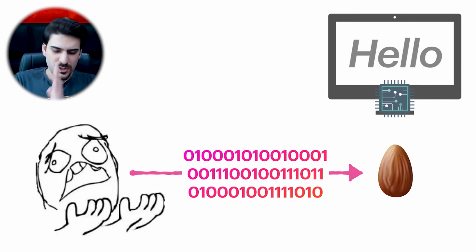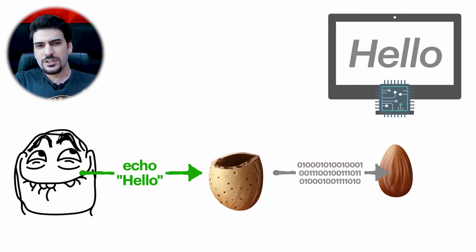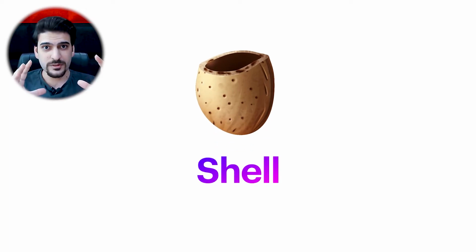We can have something that translates a conventional human readable language that we say our request in into computer readable zeros and ones which computers can understand. And this thing in the middle is called a shell for the kernel.